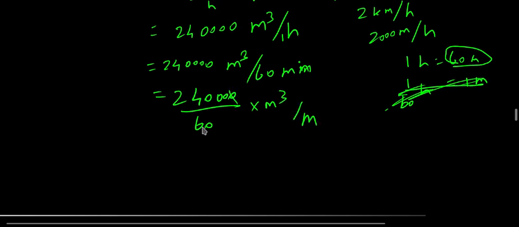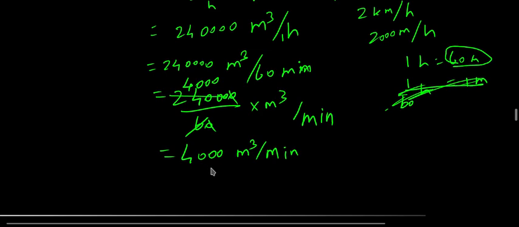So this 0 will go. And 6 1s are 6, 6 4s are 24. 3 zeros will be left over. So 4,000 meter cube per minute. So how much water will flow? 4,000 cubic meter of water will flow in 1 minute.